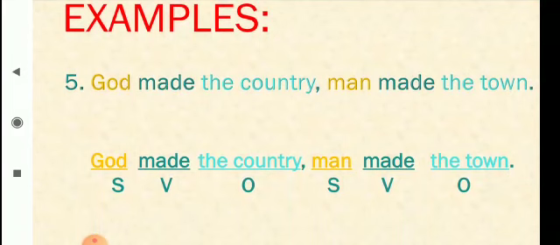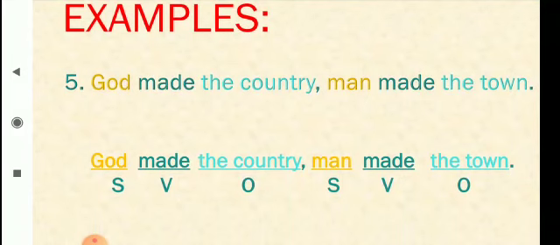Now we see the clause analysis of the second clause: man subject, made verb, and the town object. The same grammatical structure, and therefore we say that we have used a parallel grammatical structure to emphasize two opposite meanings. Is that okay? That's why it's an example of antithesis.